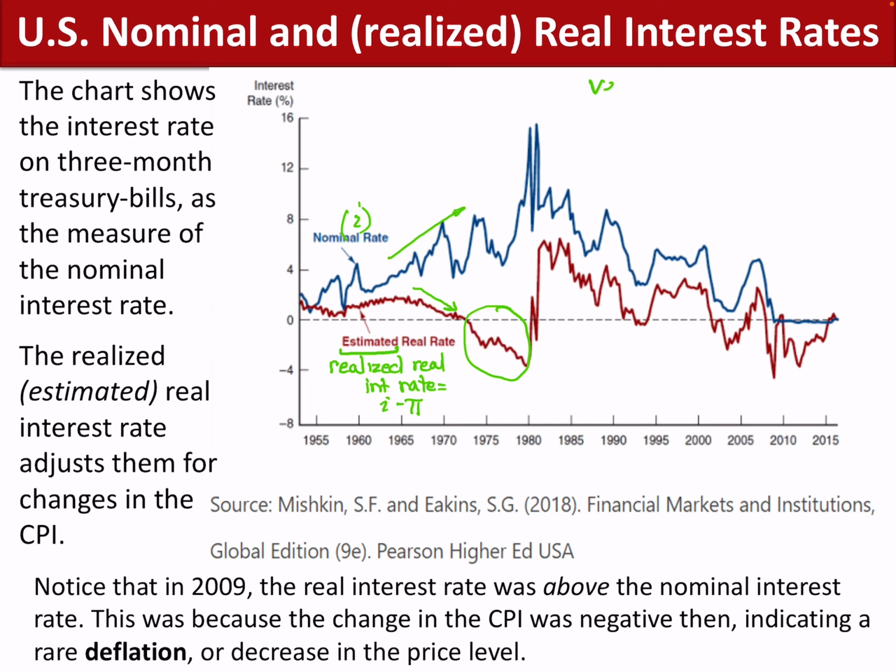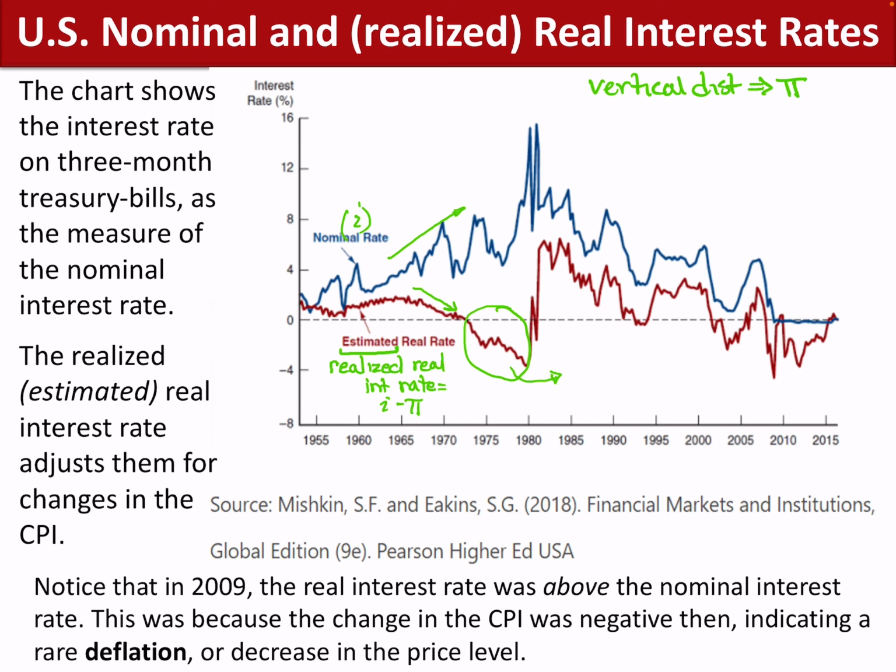So the vertical distance between the blue and the red lines is going to tell us the measure of actual inflation. And what you can see is that nominal interest rates were rising, but particularly in this period, nominal interest rates were not rising fast enough to keep up with the pace of inflation. So the growth rate of inflation was faster than the growth rate of nominal interest rates, and real returns became negative.